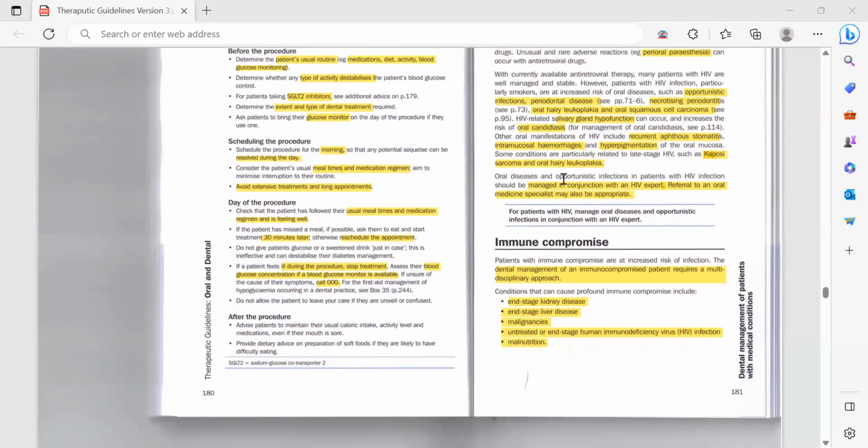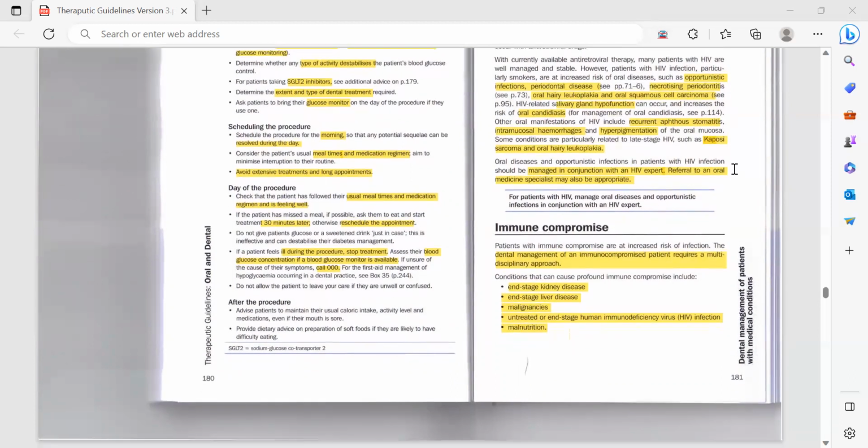Then oral diseases and opportunistic infections in patients with HIV infection should be managed in conjunction with their HIV expert, whenever you are doing any management of their oral disease or any infection. Referral to an oral medicine specialist may also be appropriate.